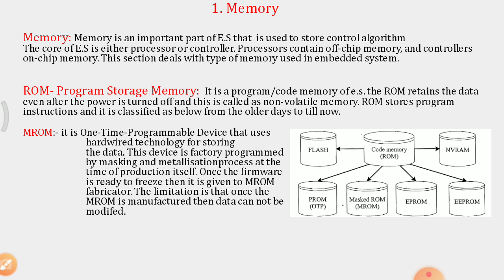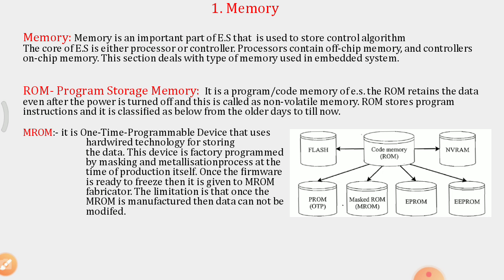So out of that, the first ROM, read-only memory, is being developed as MROM, which was called as MROM. MROM is a masked ROM. A masked ROM is one-time programmable device that uses a hardwired technology for storing the data.